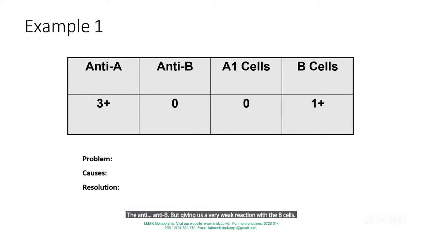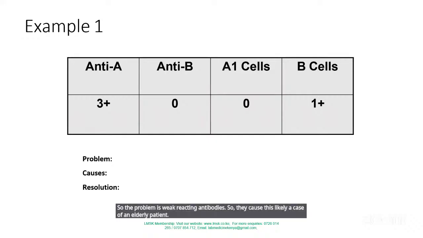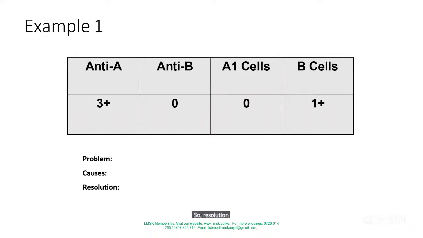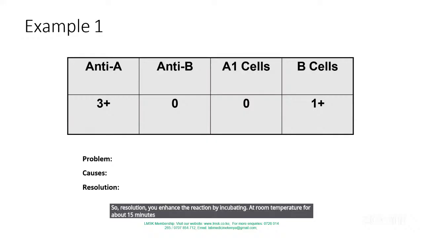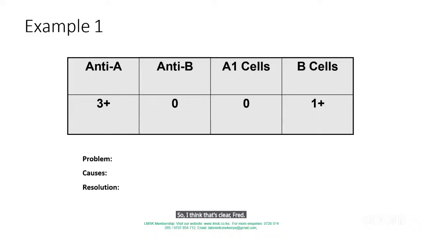So the problem is weak reacting antibodies. The cause is likely a case of an elderly patient. The resolution: you enhance the reaction by incubating at room temperature for about 15 minutes, and then you reread. So I think that's clear, Fred. We can move to the next one.